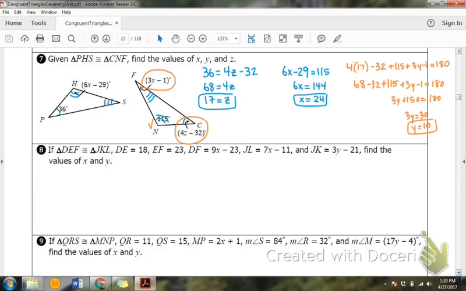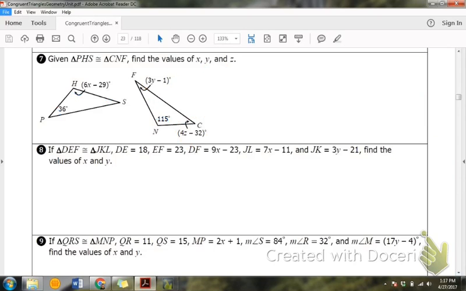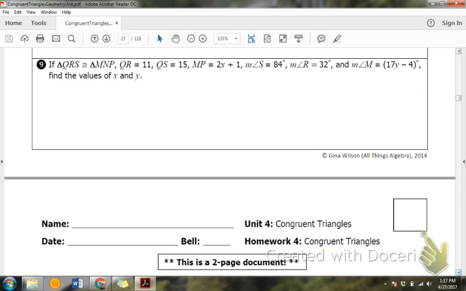All right, let's do number 9. Number 9 is going to be the same type of problem as number 7, but we have to set it up now. Let me encourage you on this. When you get to be the drawer, the artist, I would encourage you to draw your triangles so that they look to be the same. Don't draw them upside down or whatever.